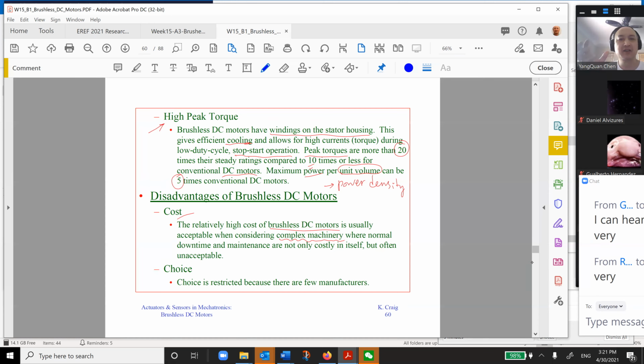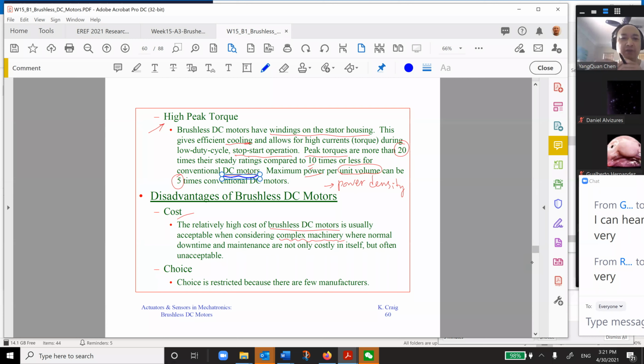So you have efficient cooling, and so high current is possible in frequent start-stop operation. Compared to brushed DC motors, brushless can be like 10 or 20 times higher. So that's for the peak torque.